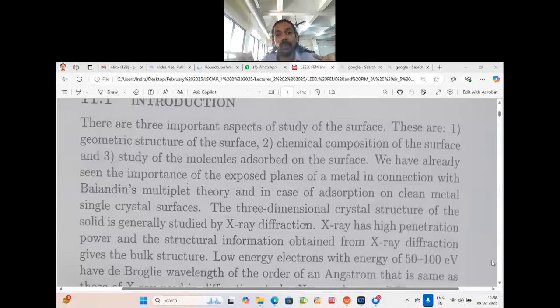As XRD, X-ray diffraction is vital for probing the structure of the bulk. Bragg equation, n lambda is equal to 2d sine theta, constructive interference, then Debye equation. These are the fundamental aspects of X-ray diffraction.